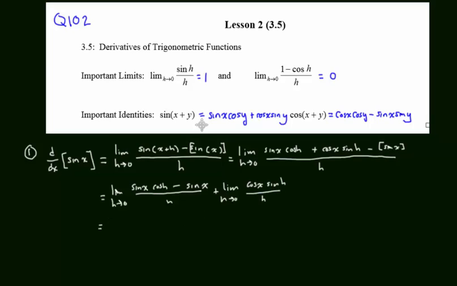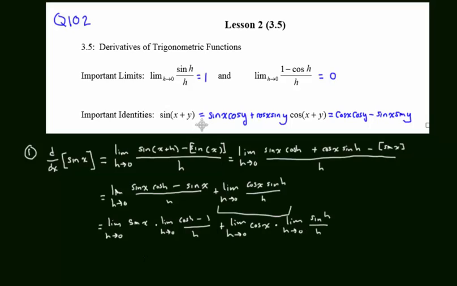Hopefully you can see here in the first of the two limits that we're going to factor out a sine of x, and I'm then going to write this as the product of limits. So the limit as h goes to 0 of sine of x times the limit as h goes to 0 of the cosine of h minus 1 over h, plus now the second one I'm going to write as the limit as h goes to 0 of cosine of x times the limit as h goes to 0 of sine of h over h. Sweet.